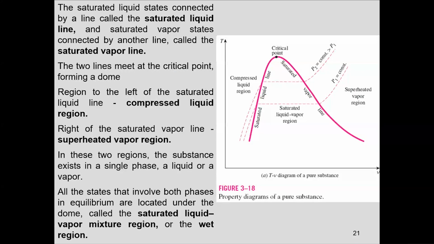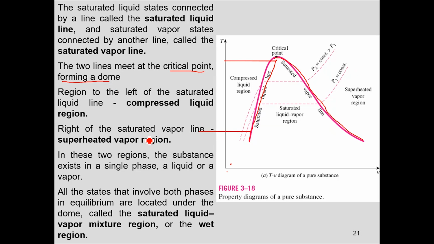All right. Again, the same is repeated over here. It says that you have the saturated liquid states connected by a line called the saturated liquid line. So this line basically represents the saturated liquid states, and the saturated vapor states are connected by the saturated vapor line, this line, and they meet at the critical point. So the two lines basically meet at the critical point, forming a dome.